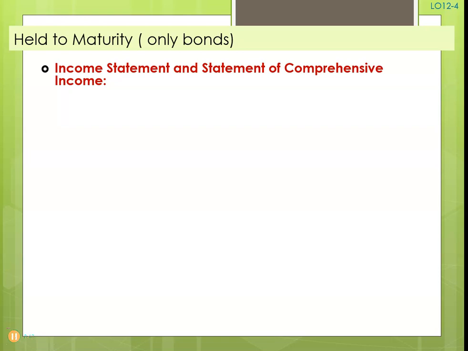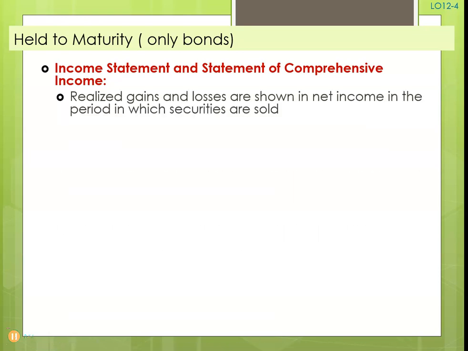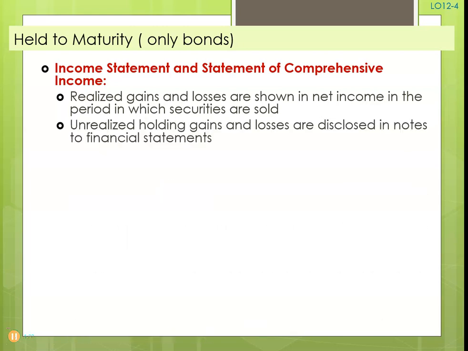On the income statement and the statement of comprehensive income, gains or losses are shown in net income in the period in which they're sold, otherwise not at all, but any unrealized holding gains or losses can be disclosed in the footnotes of the financials. They have no effect on other comprehensive income.